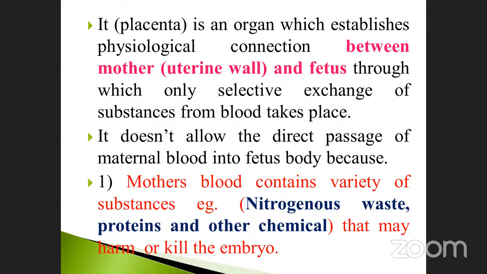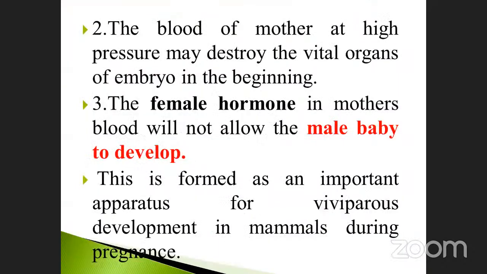Mother blood contains a variety of substances, already known: nitrogen bases, also derived from protein molecules. It is harmful to the embryo. That we also already discussed, isn't it? Another one is the female hormone, which is responsible for what? The male baby's development would completely suffer. It is not allowed. That we also already discussed.